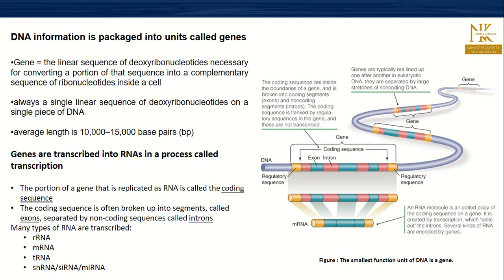In a gene, you can have an intron or an exon. And at the edge of these introns and exons, you have what we call the regulatory sequence, which is always at the beginning and at the end of a particular gene.